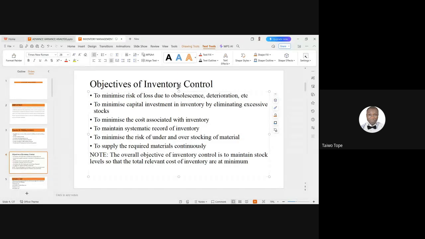So there are some raw materials that you cannot keep for long. Some raw materials can be perishable, which means they are subject to deterioration. Some raw materials are technological in nature, so that if you keep them for too long, time will render them useless.